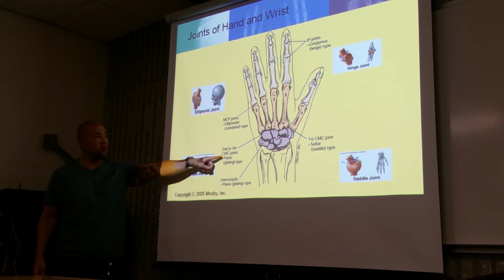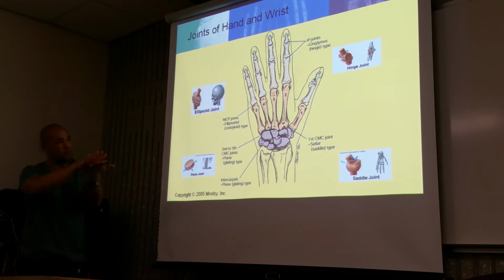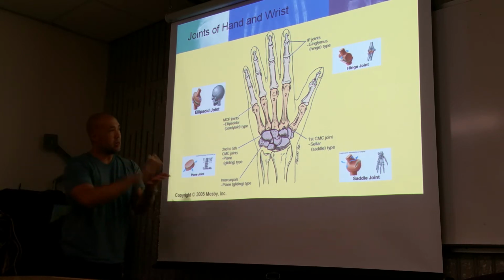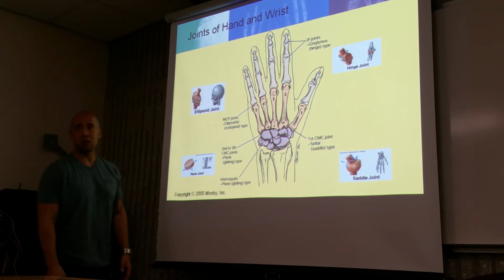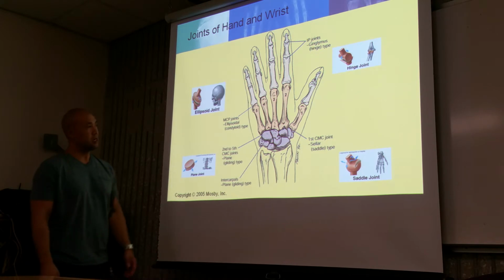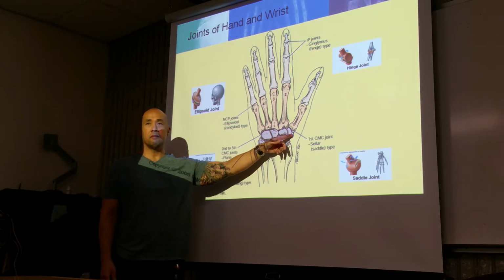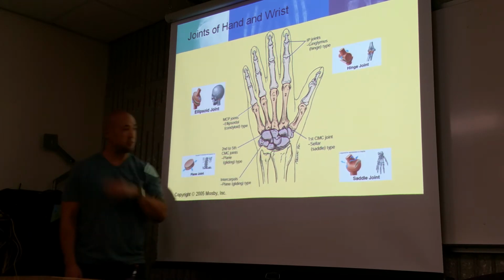The second through fifth carpometacarpal joints are the plane or gliding type. And the only one here on the hand that's a saddle type is the joint between the first metacarpal and the trapezium. So this is a saddle type between the first metacarpal and the trapezium.